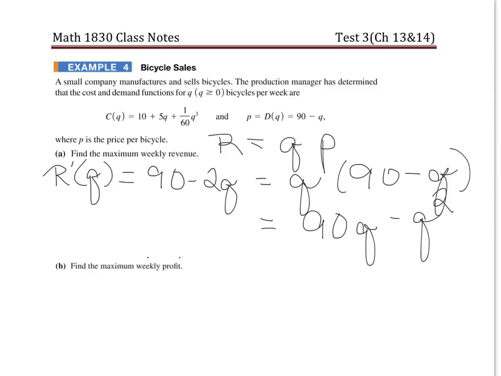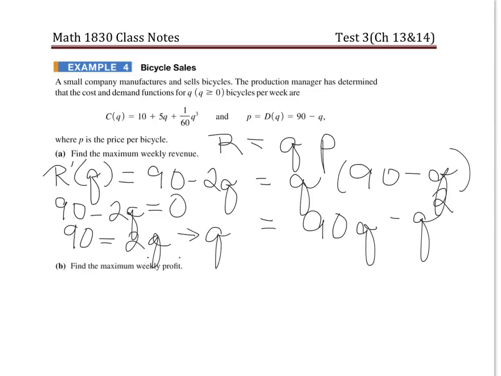And 90 minus 2Q is equal to 0 when 90 is equal to 2Q, which then means that Q is going to be 45. So what that means is that 45 is what we call a critical number.